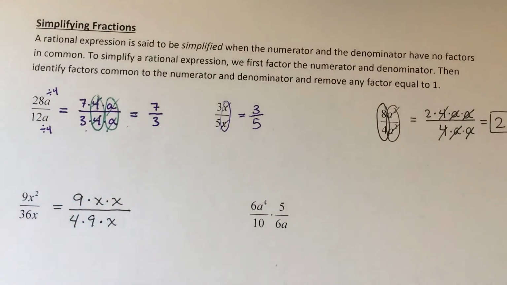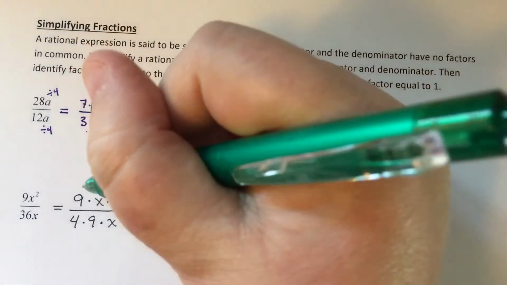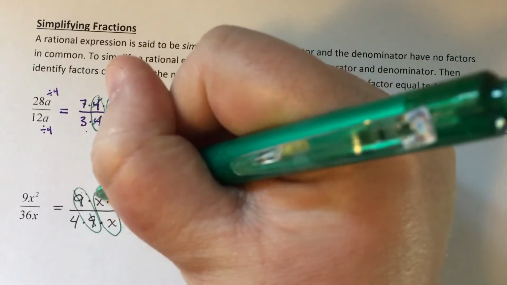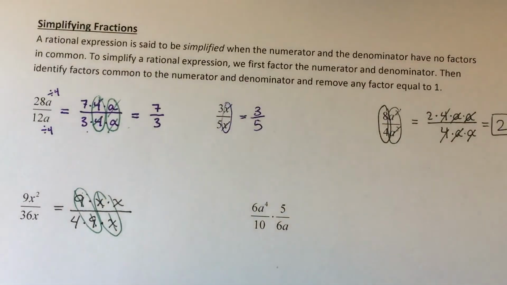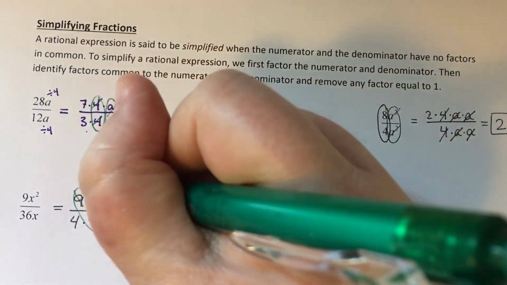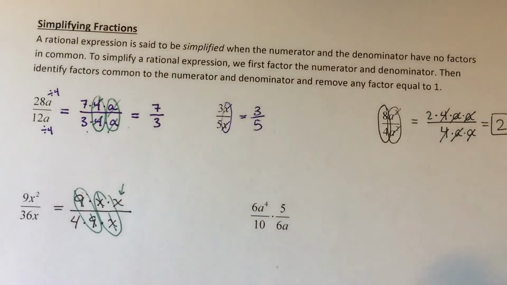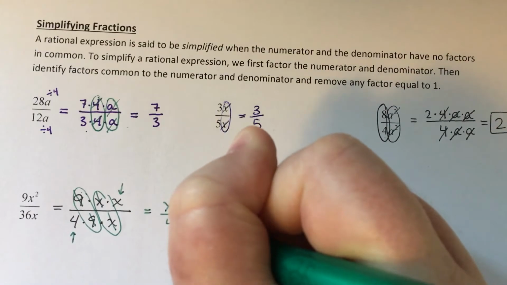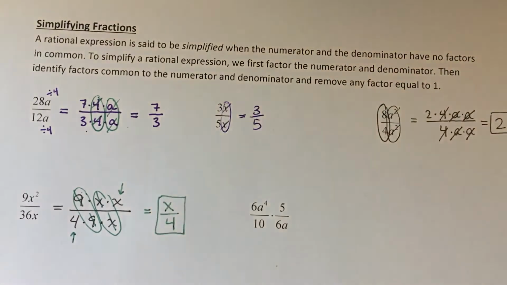That way I can see that these two 9's cancel. One of the x's cancels from the top with the bottom, but there's going to be one x left in the top, and the 4 is left in the bottom. So our final answer is x divided by 4.